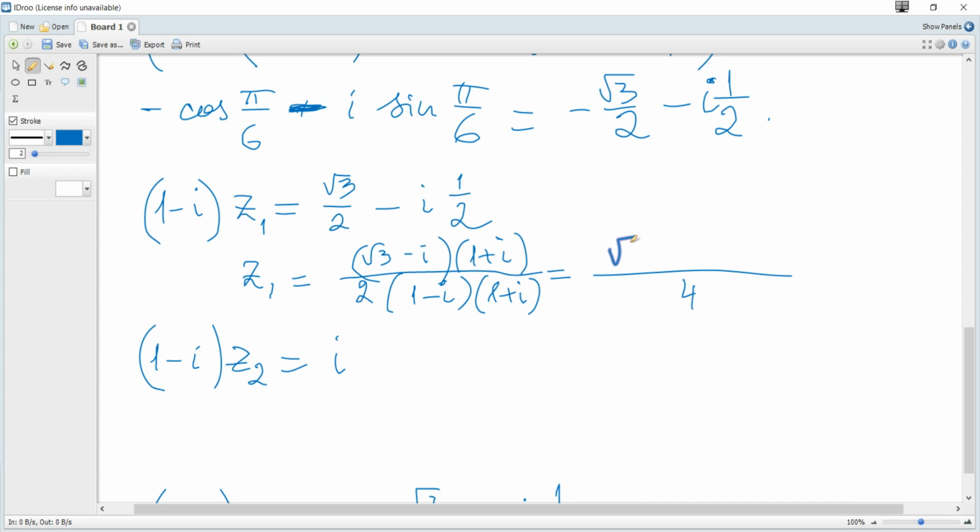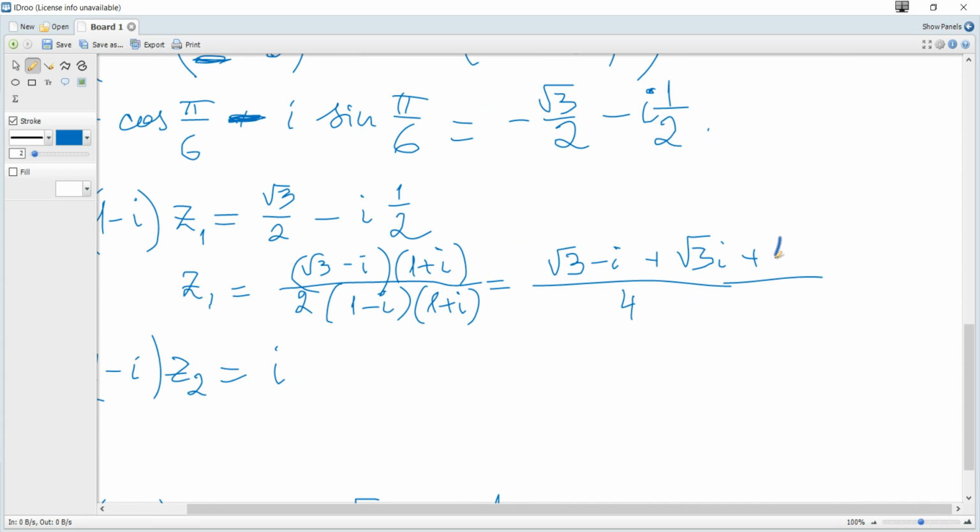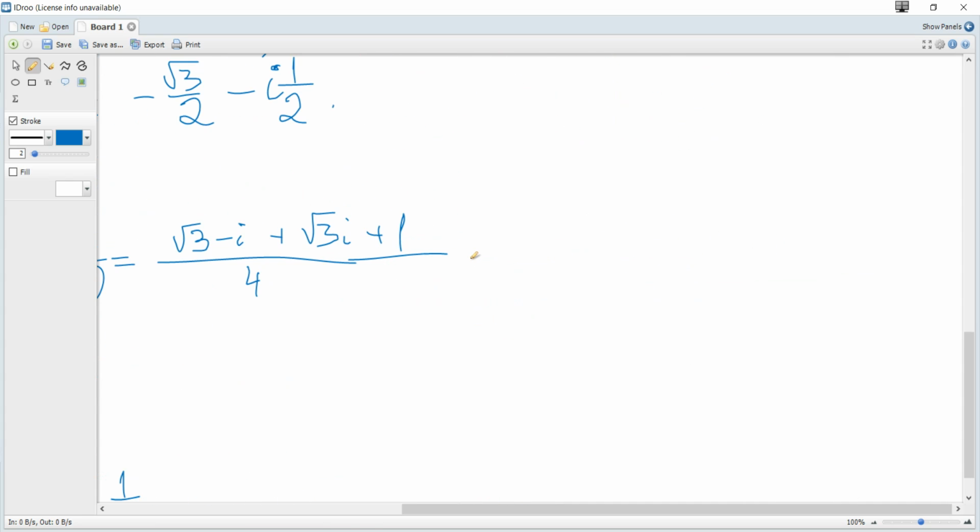And the numerator: root 3 minus i plus root 3 i, and minus i squared, so plus 1. So finally it becomes root 3 plus 1 plus root 3 minus 1 i, over 4.